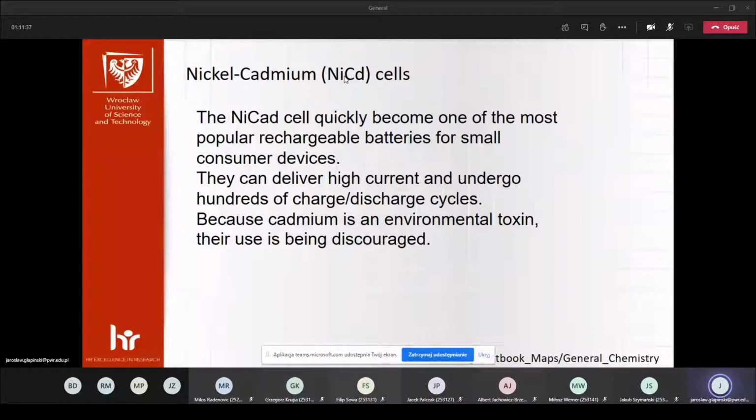Yes, of course, not only for large elements, but we can build some small devices, small batteries. Of course, they can deliver high currents and store the energy in this charge and discharge process, yes.